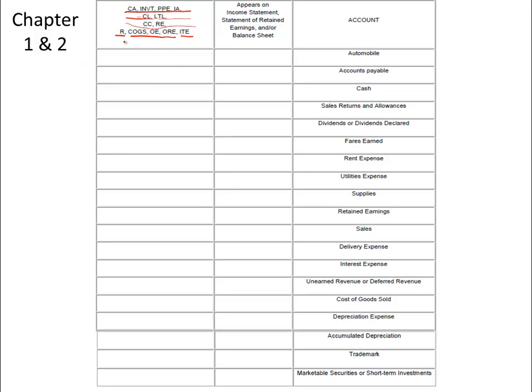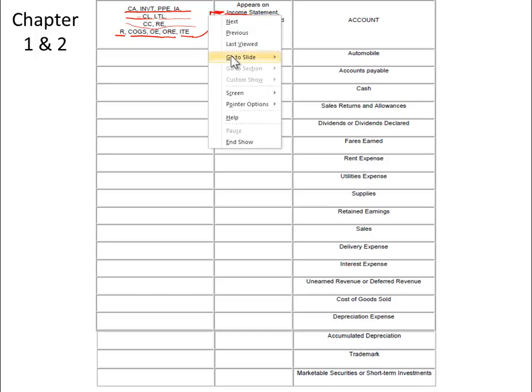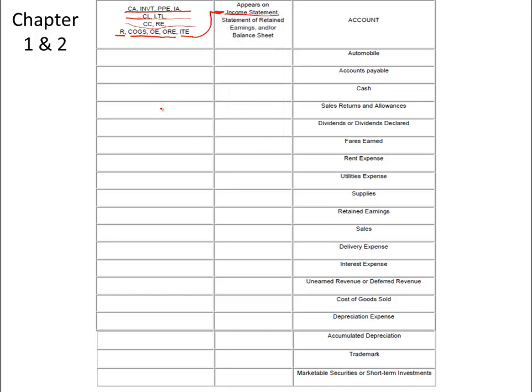We know that revenue, cost of goods sold, operating expenses, other revenue and expenses, and income tax expense show up on the income statement. We know that retained earnings shows up on the statement of retained earnings, and that the balance sheet is assets, liabilities, and shareholders' equity.